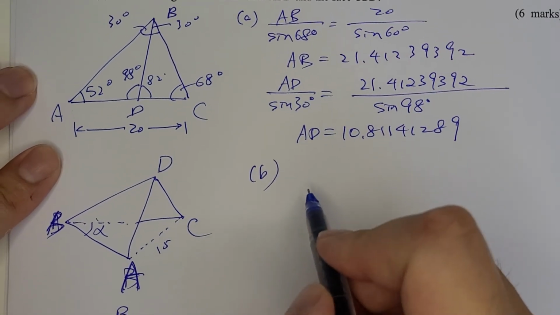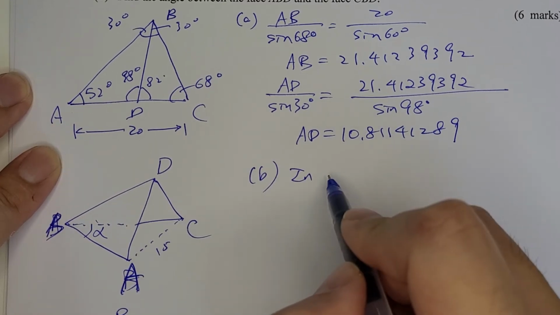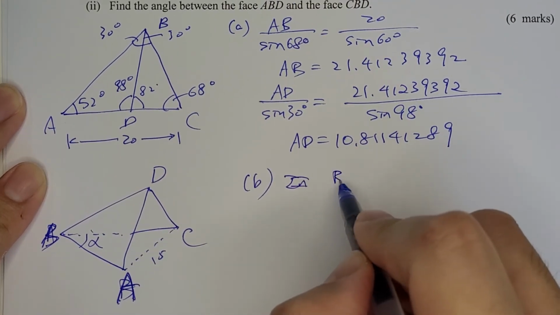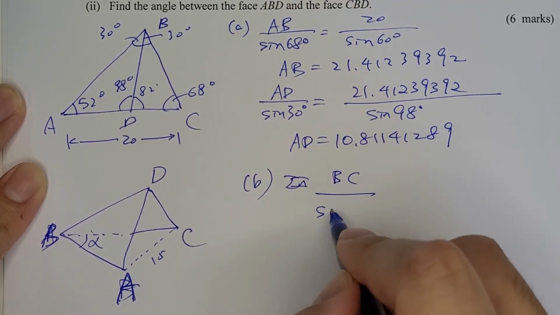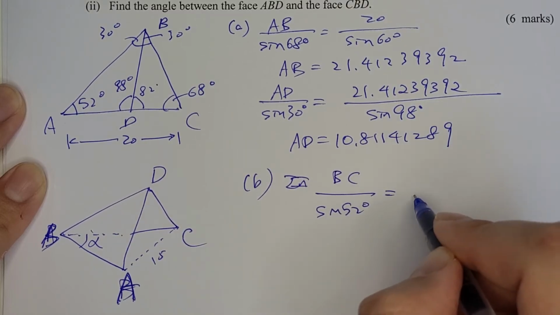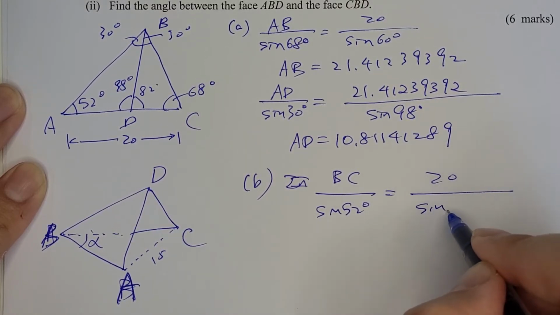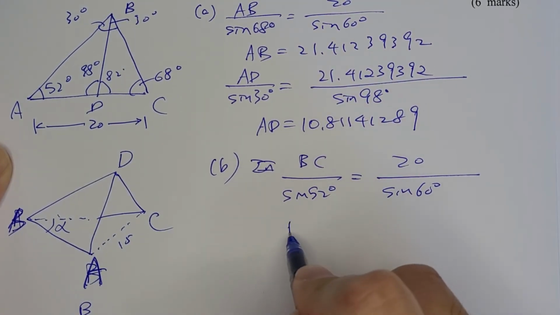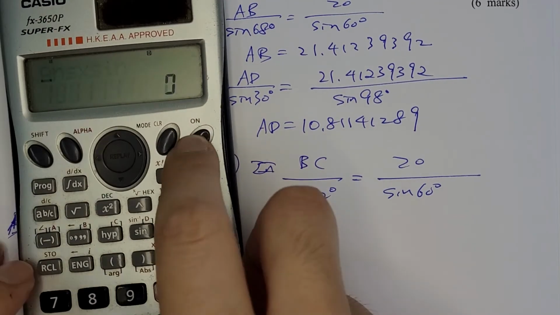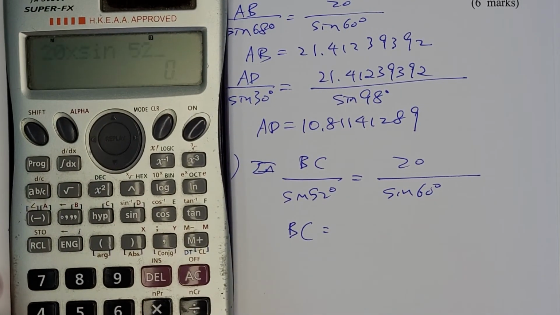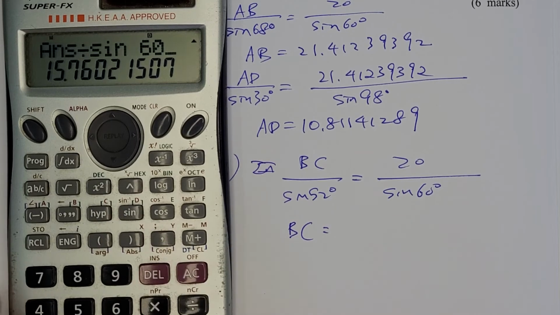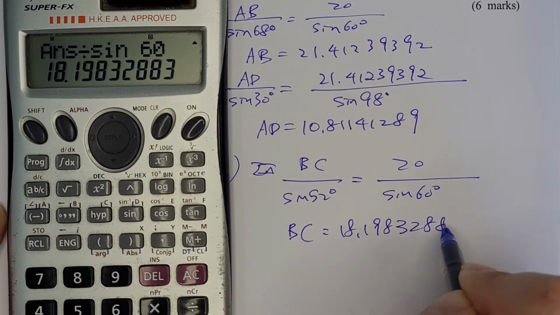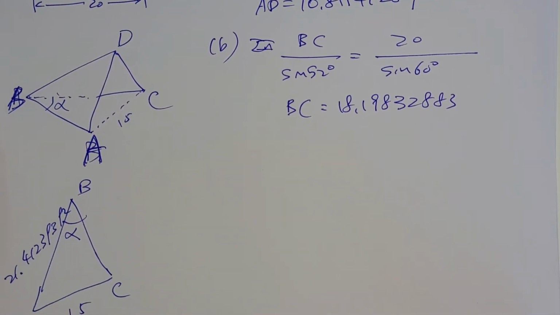So let's see. In this big triangle, the original triangle ABC, BC over sine 52 degrees equals 20 over sine 60 degrees, alright? And hence you can find BC, that is 20 times sine 52 divided by sine 60. So that is 18.19832883.